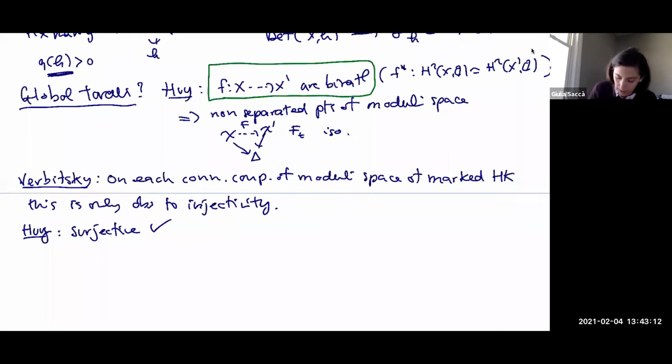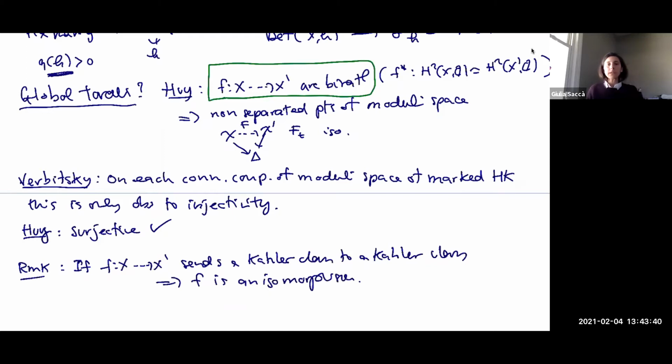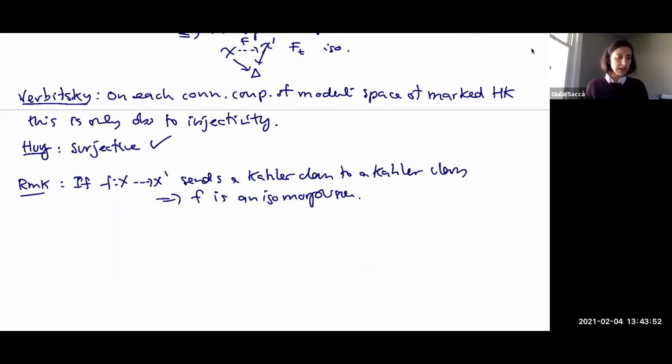Because if a birational map sends a Kähler class to a Kähler class, then it is an isomorphism. So when restricting to polarized hyperkähler manifolds, in fact, the global Torelli theorem holds in the way that you expect it to. And so let me give you the precise statement.